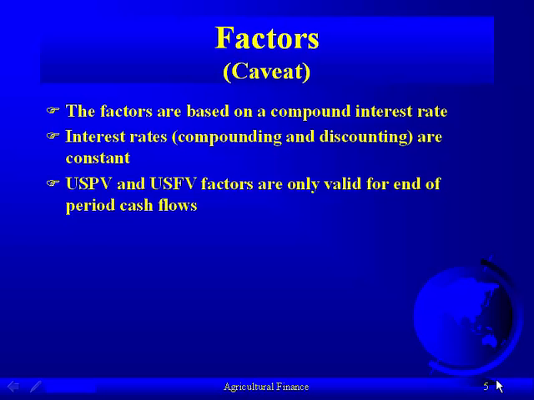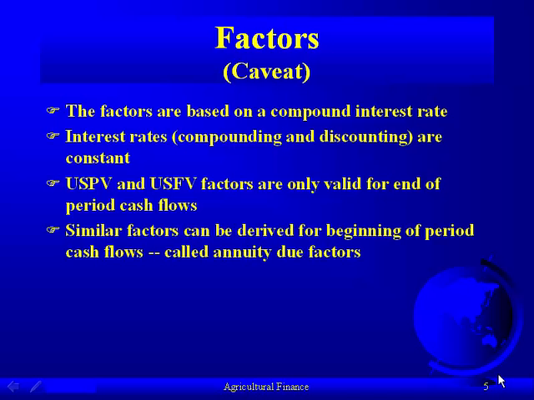Also, the uniform series present value factors and the uniform series future value factors are only valid if we're using end-of-period cash flows. It turns out that you can actually come up with similar factors for beginning-of-period cash flows, and you probably have done it if you've taken another finance course. They're usually called annuity due factors.